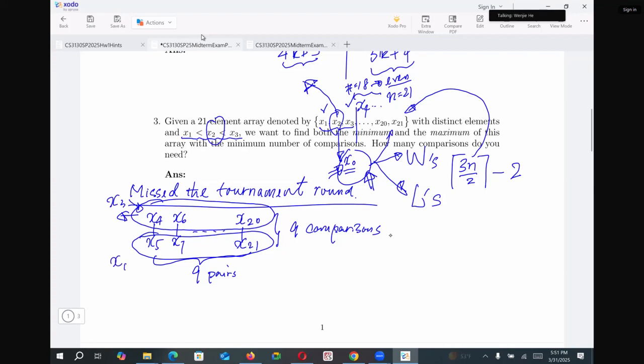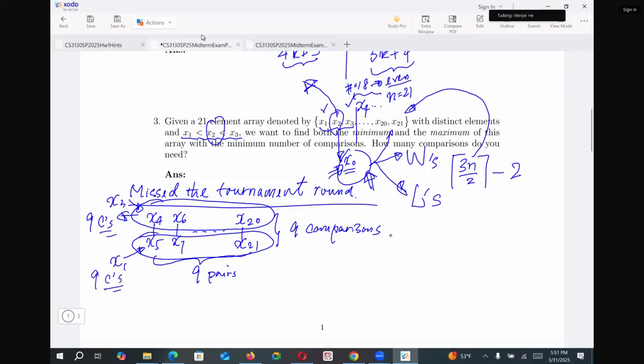X1 should join the losers group. So you get 10 elements in the winners group, so you get another 9 comparisons.